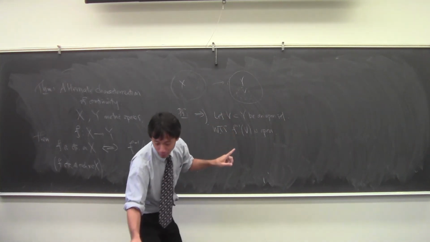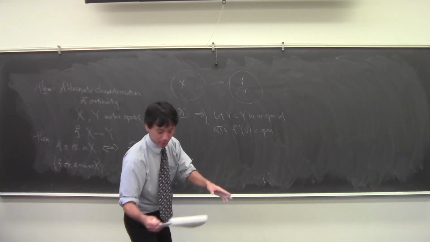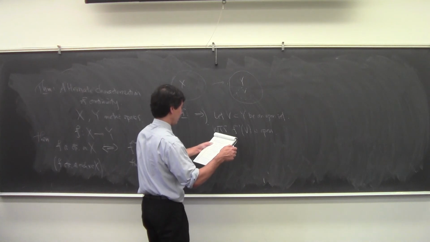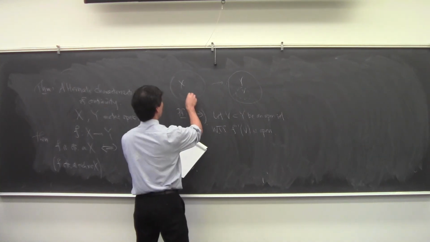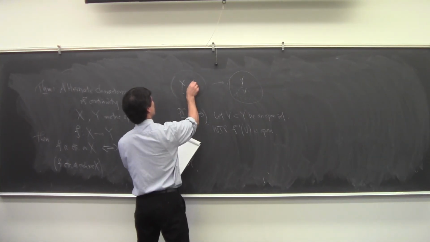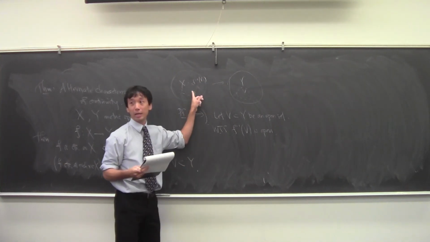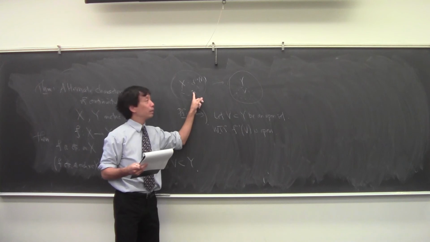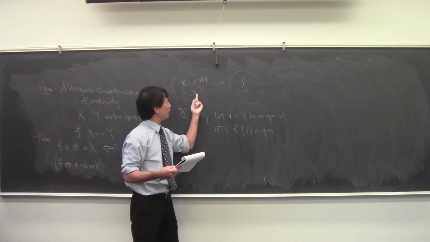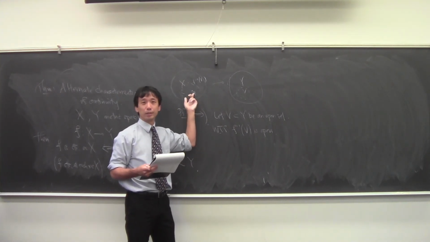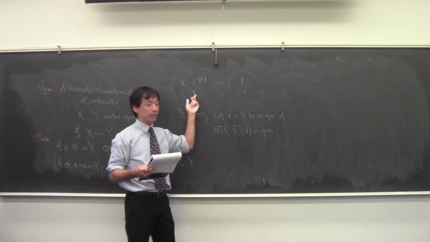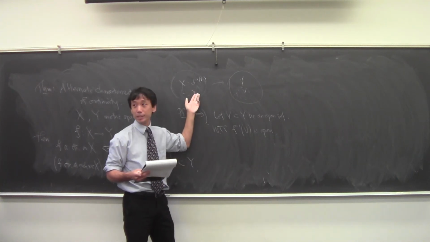So we pull back to f inverse. Here's f inverse of V, and here's some point in f inverse of V. We want to show that this is an interior point, because we want to show every point is interior.